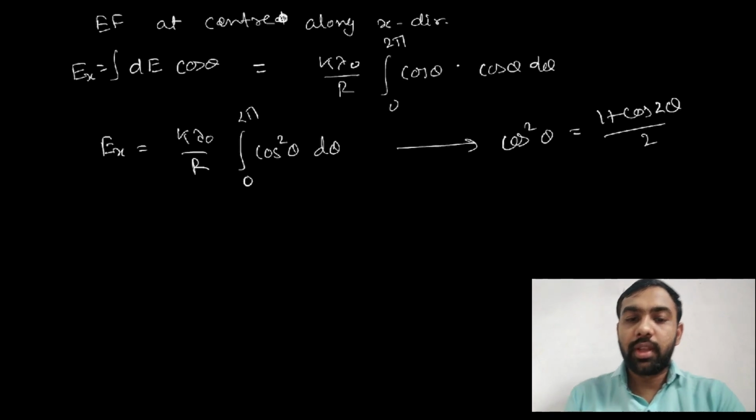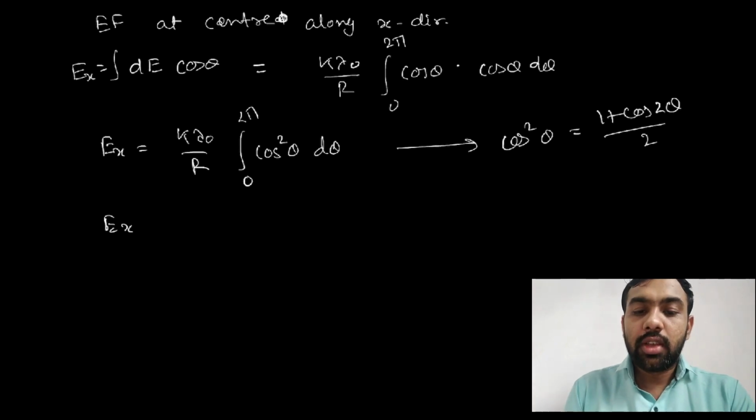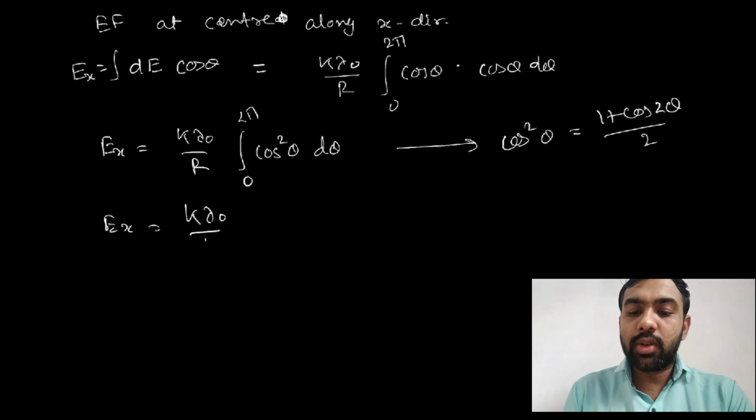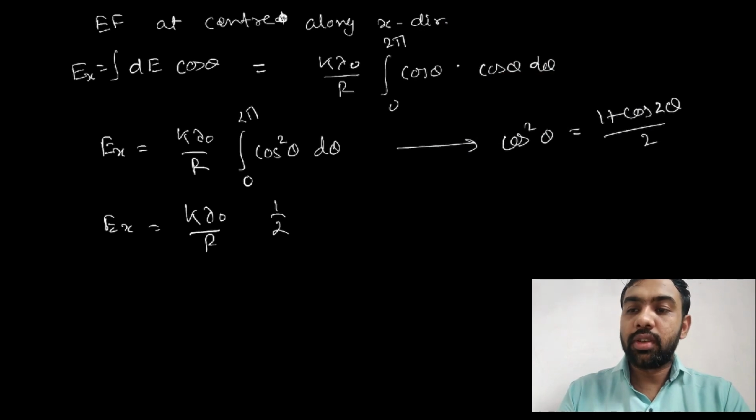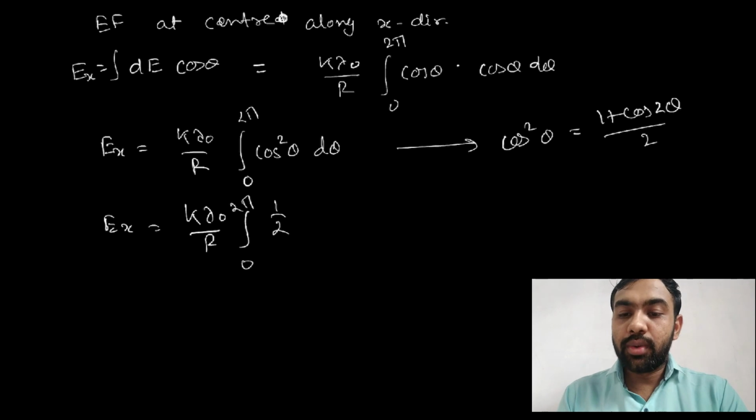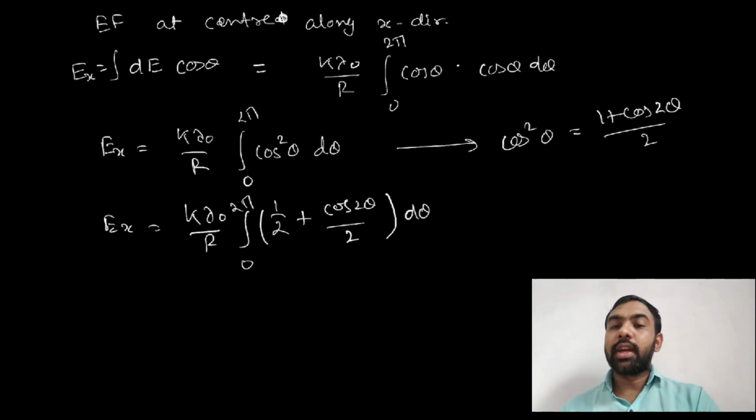That is the equation, use trigonometry. So Ex is equal to k lambda 0 upon r integration 0 to 2 pi of 1 by 2 plus cos 2 theta upon 2 into d theta.